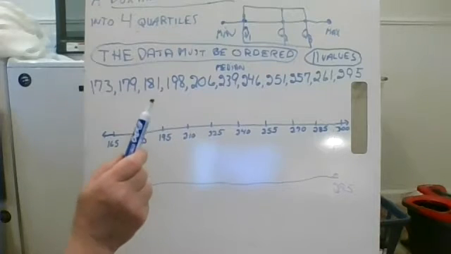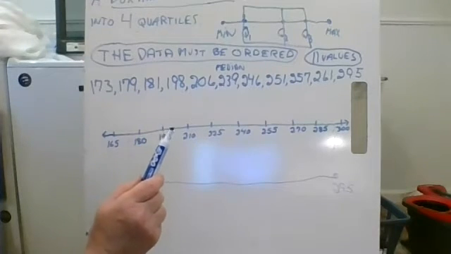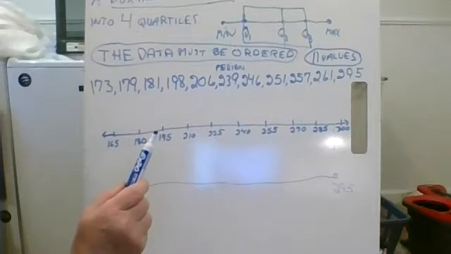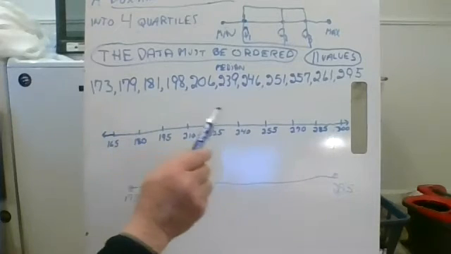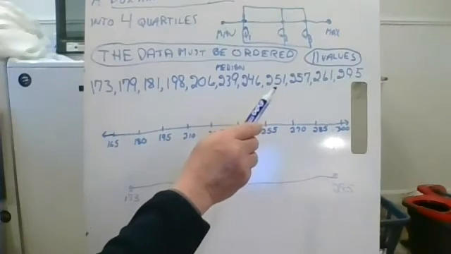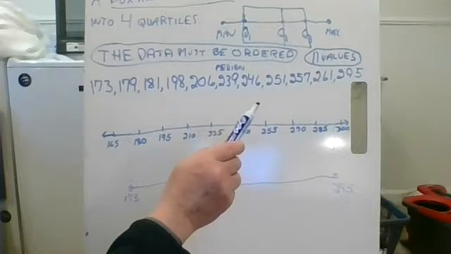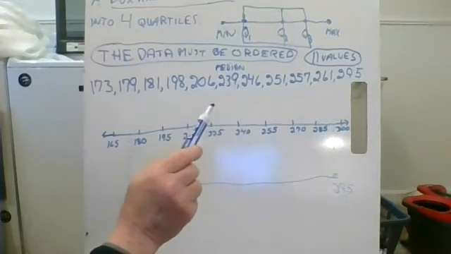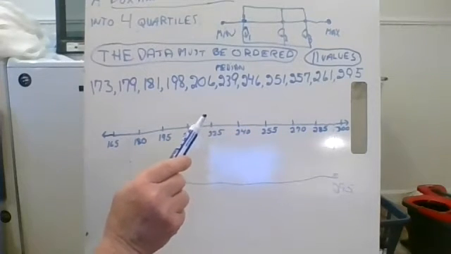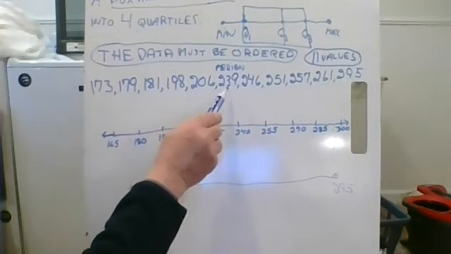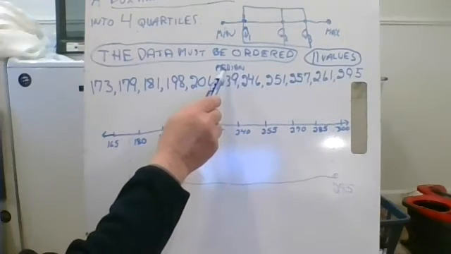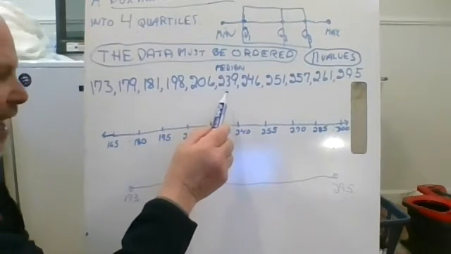You start with quartile 2. And what that is, it's the median of your data. It's the median value. There are 11 values, an odd number. So the middle one would be the 6th one. 1, 2, 3, 4, 5, 6. The 6th value is the median, 239.